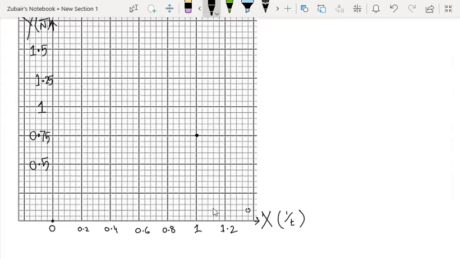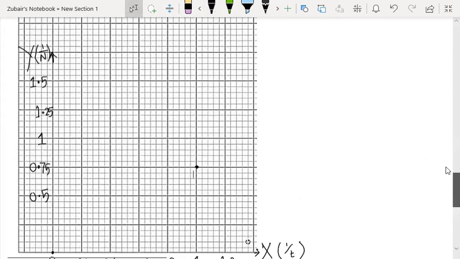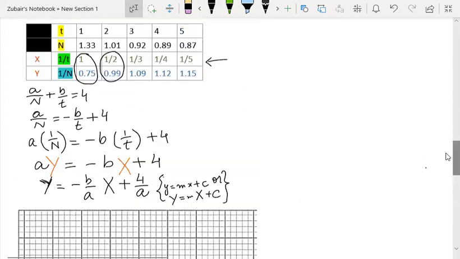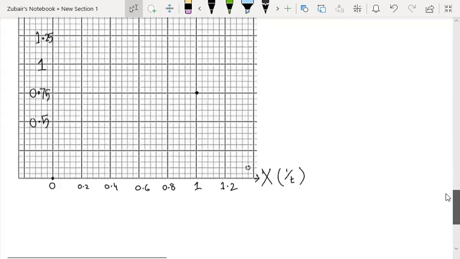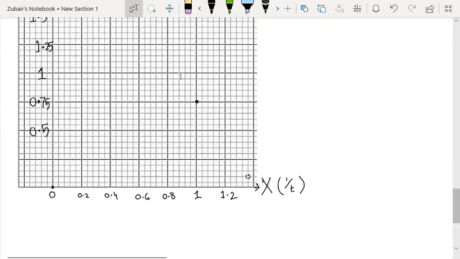And the other point should be 1 upon 2, which is 0.5, and 0.99. So 0.5 and 0.99, and 0.99 should be somewhere here.